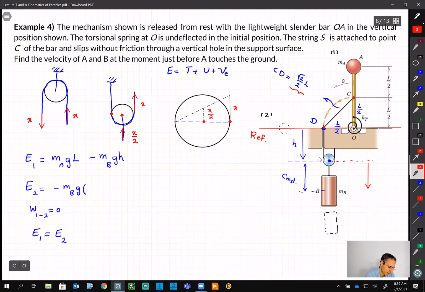So do you agree that this distance is going to be half of CD? Let me write down CD. Or it's going to be half of the square root of 2L.